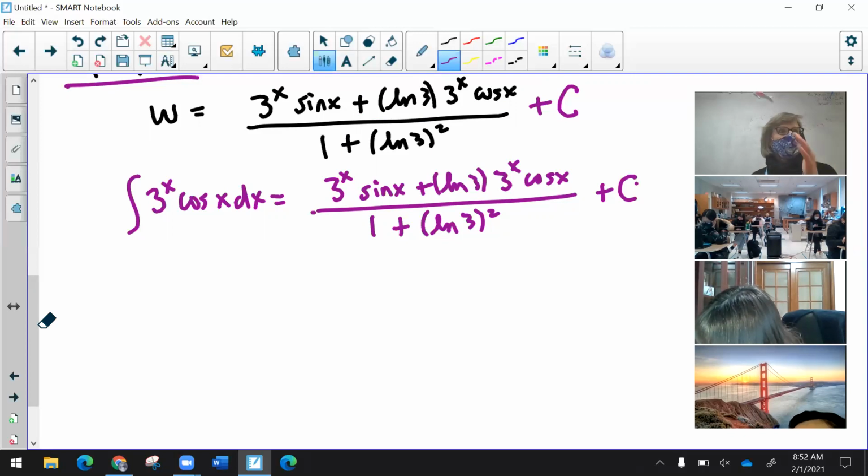This is it, because what I needed to do was to solve that integral.